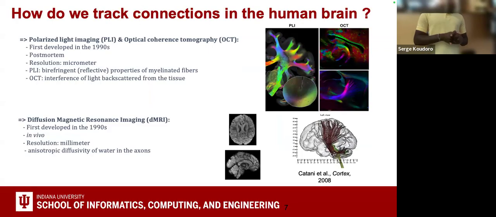So how do we track the connections of the human brain? There are several techniques. There is first the PLI technique, the polarized light imaging.